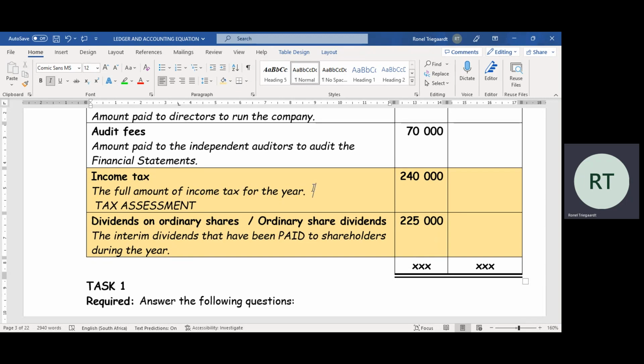Are you with me? If the profit is R100, SARS takes its share, the income tax. So you share the R100 with the income tax, with the dividends, and what is left goes into your savings account, the company savings account, which is the retained income. Are you with me? Is there anyone who has a problem?